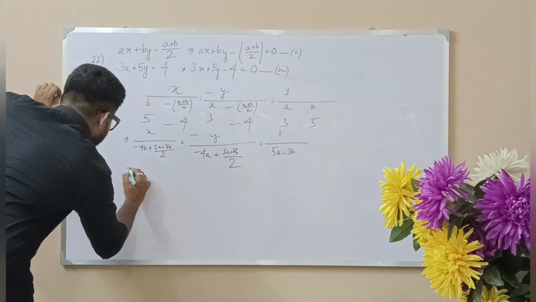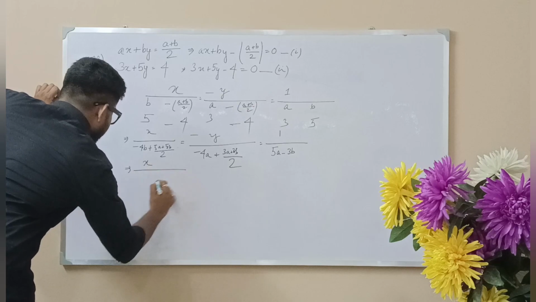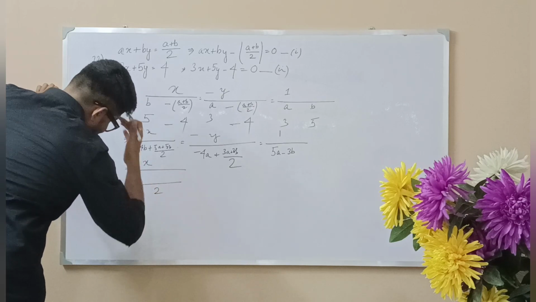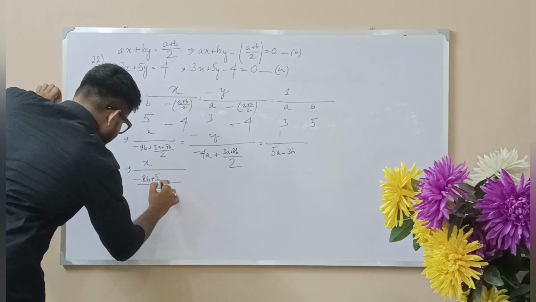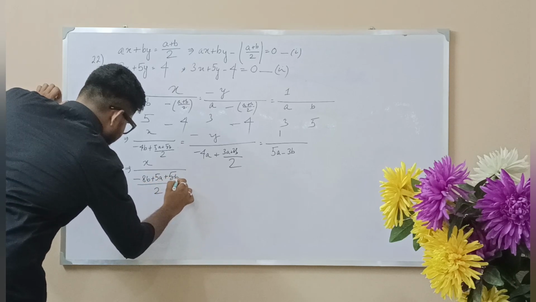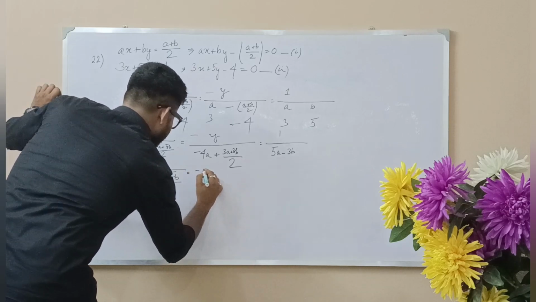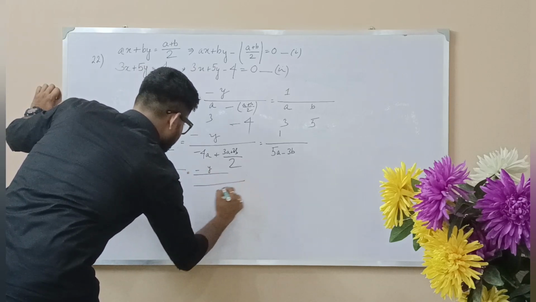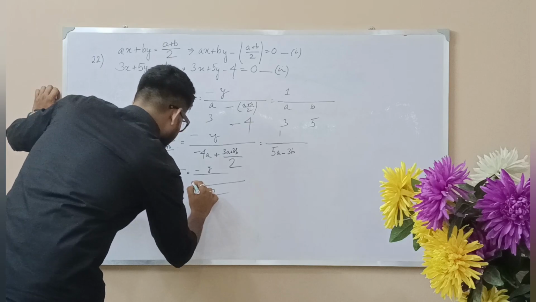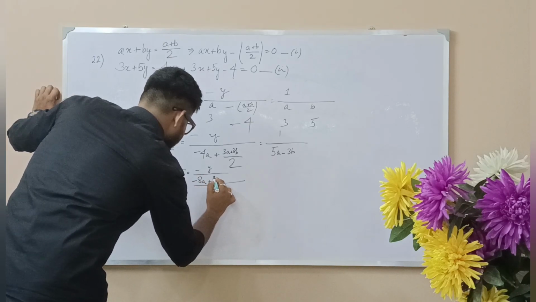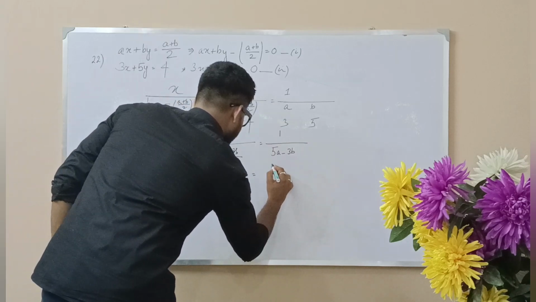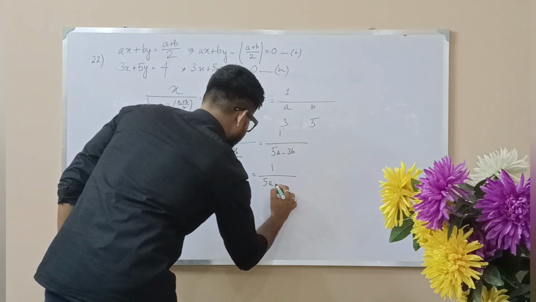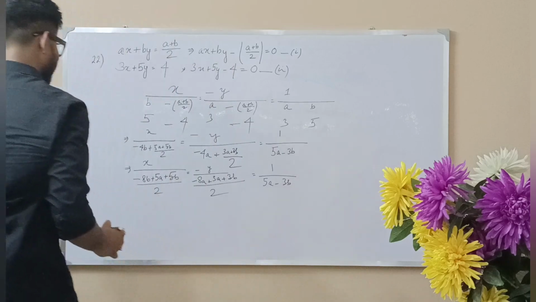So now for x, I'll take 2 as LCM, so minus 8b plus 5a plus 5b equals minus y. Again I'll take 2 as LCM, minus 8a plus 3a plus 3b equals 1 by (5a minus 3b).